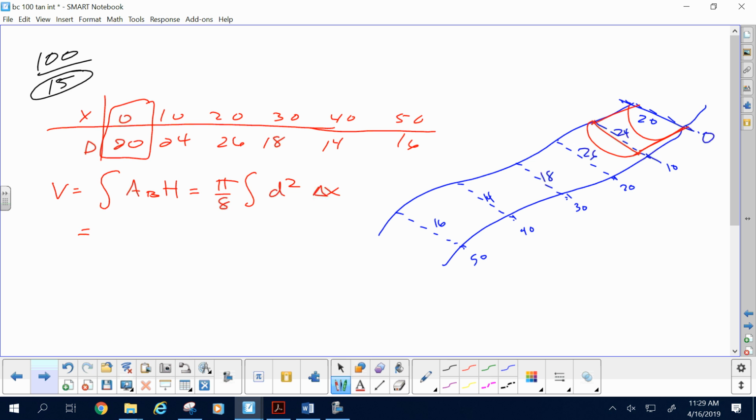So I'm going to call this a pi over 8 out front. The first diameter I'm going to use is 20, and then multiply that by a delta x. Is delta x the same all the time so that I can factor it out? Yes. So you can actually factor that out front too. And that should be fun.